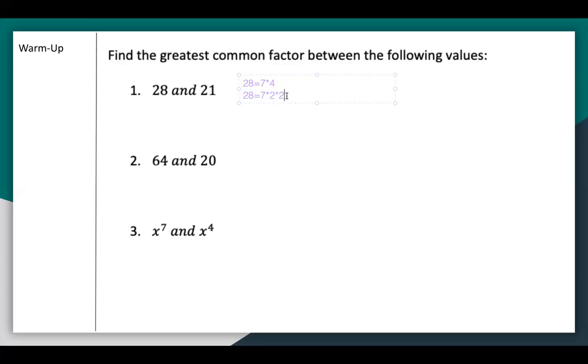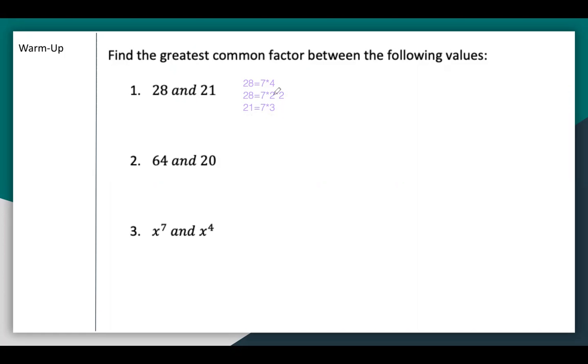All of these are prime numbers. And similarly here, if I break down 21, 21 is 7 times 3. At this point, 7 and 3 are prime factors. And so if I look between the numbers 28 and 21, the greatest common factor is the numbers that both of these share.